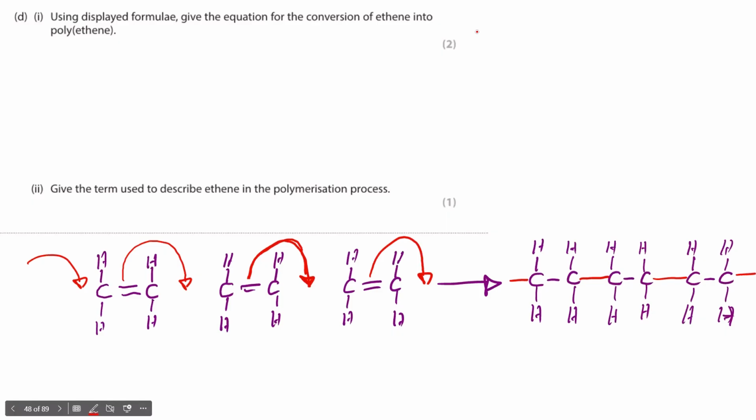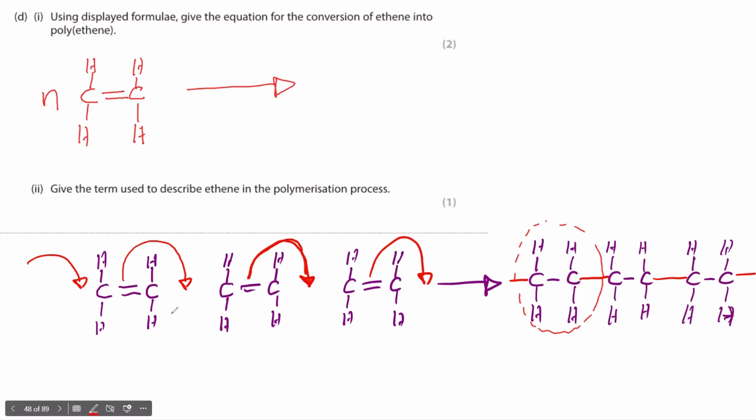Now how can we give this conversion into polyethylene using an equation? So first I'll write, we have ethene molecules. How many ethene molecules? Here I can see 3 ethene molecules. But can we have more? Yes. I don't know how many we have. So I just say we have n number of ethene molecules. Then what happens? It polymerizes. Can you see these parts keep on repeating again and again?